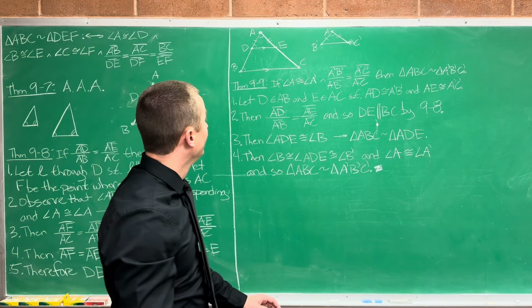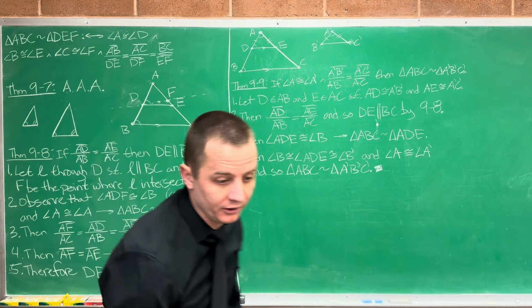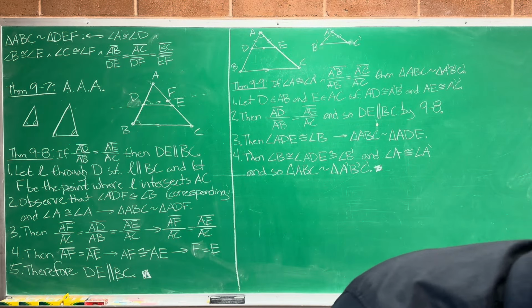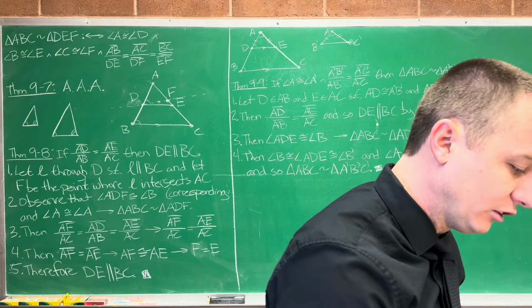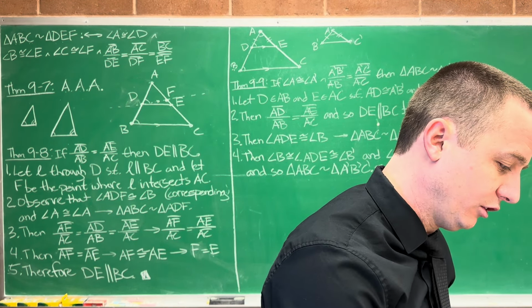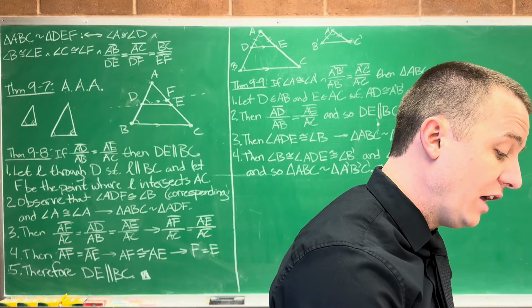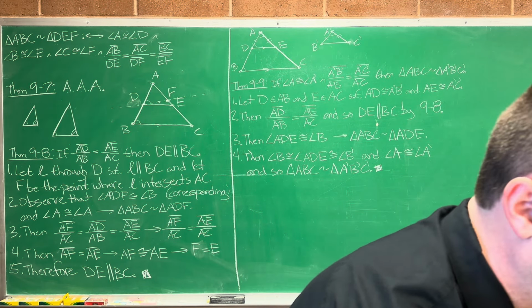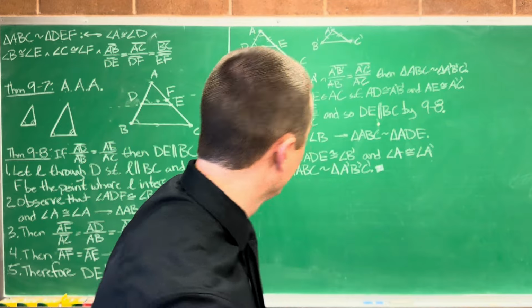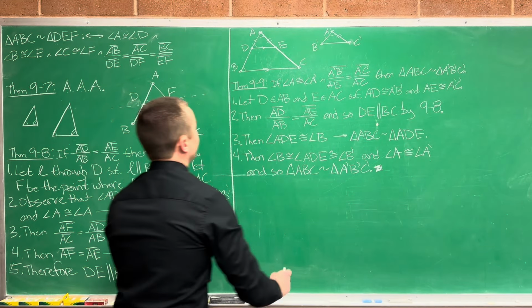Okay. So now, our next theorem, Theorem 9.10, is if the sides of one triangle are proportional to the sides of another triangle, then the triangles are similar. Okay, so this time, if all the sides are proportional, then the triangles are similar. So what does that mean?